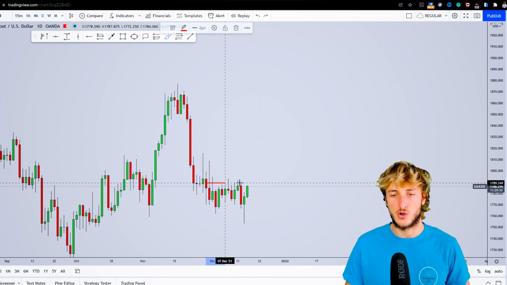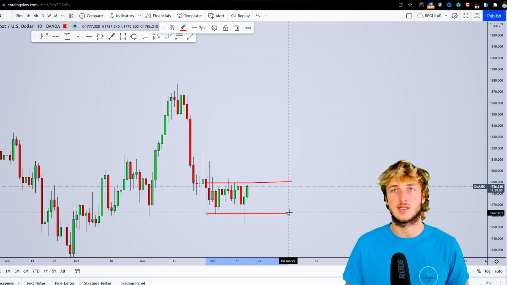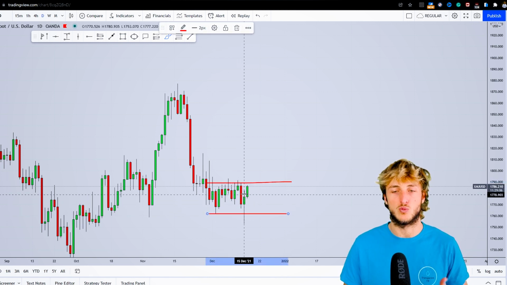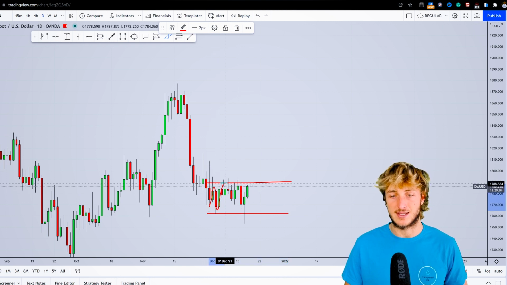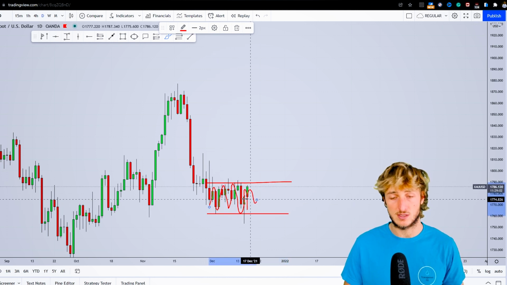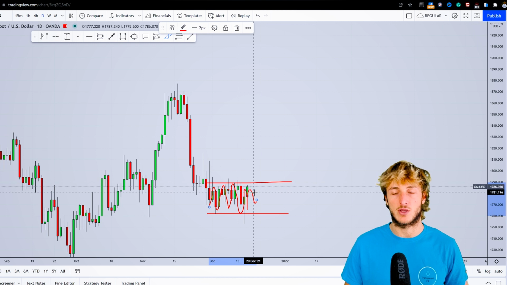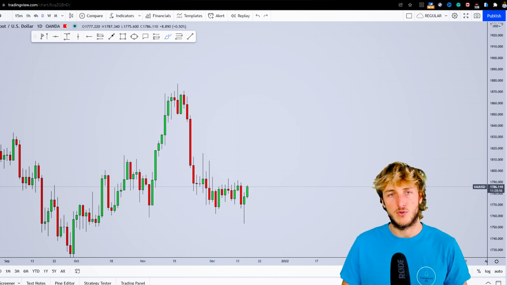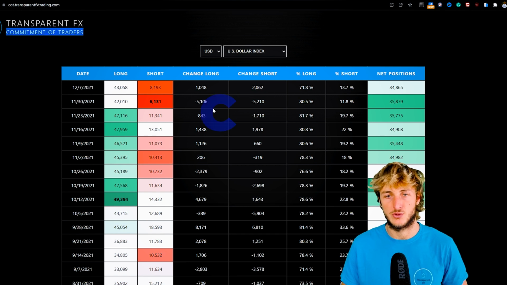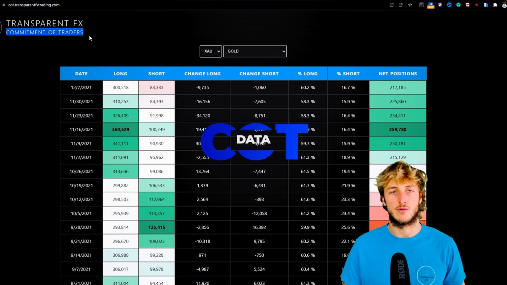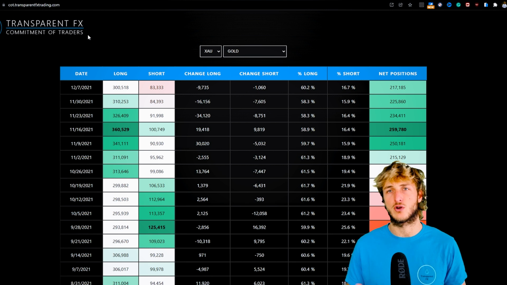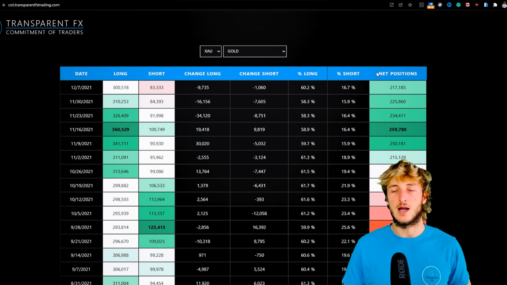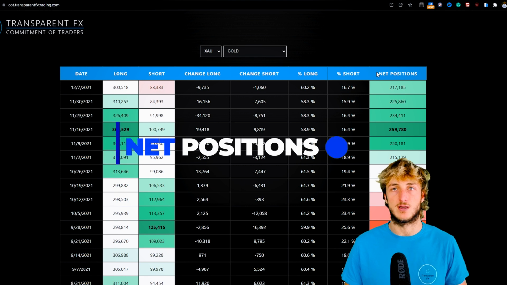What we can also notice is that we have just entered inside of this horizontal accumulation phase. The market has been moving sideways, and clearly there has been some accumulation here, and we do expect a rejection higher. Now, if we go and see what we have from a COT perspective, so commitment of traders, which is what hedge funds, so the non-commercials and the biggest players in the market are doing, we can see how lately net positions have been increased.